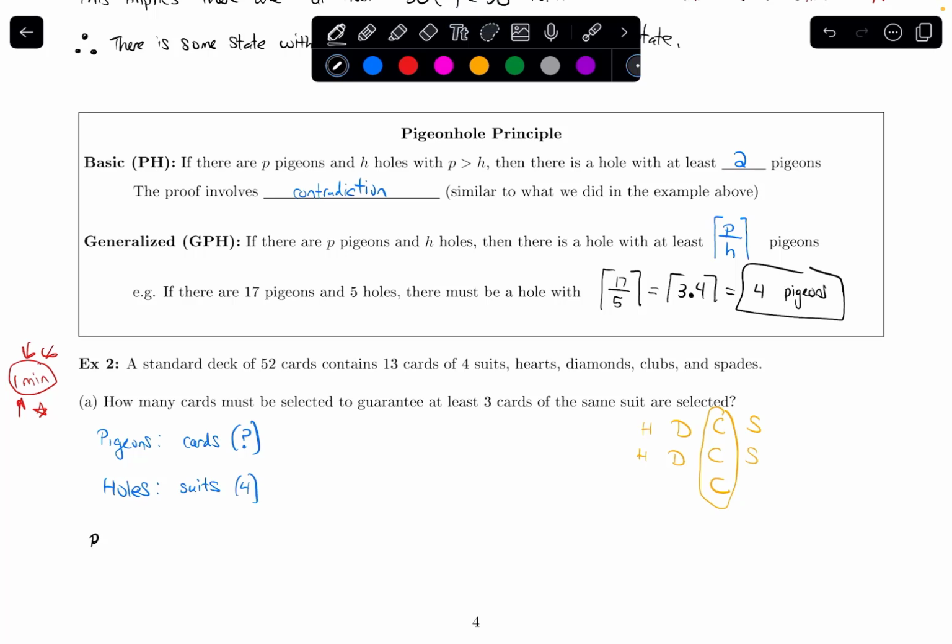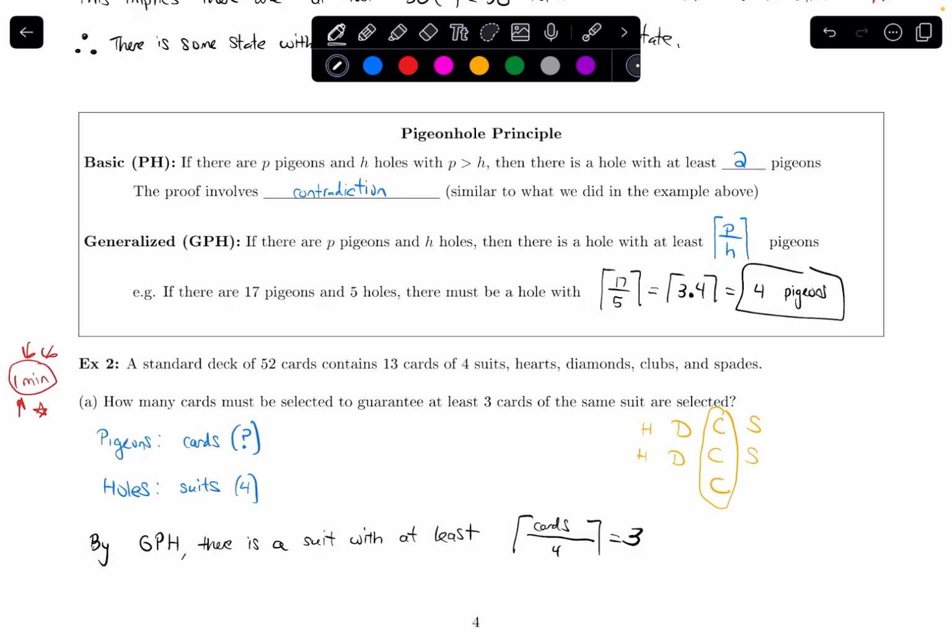So I'm going to say by the generalized pigeonhole principle, GPH, there is a hole, which for my problem is a suit, there is a suit with at least, and I got to take the ceiling of the number of pigeons on top, which is the number of cards, divided by the number of holes on bottom, which is the number of suits, which is 4. And in the problem, I really want this to be equal to 3.